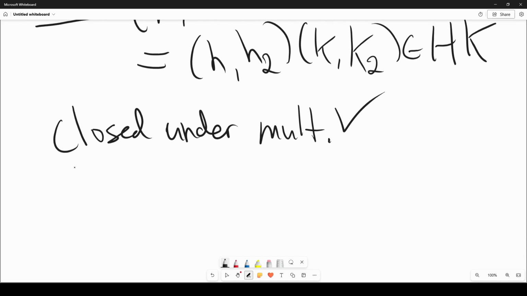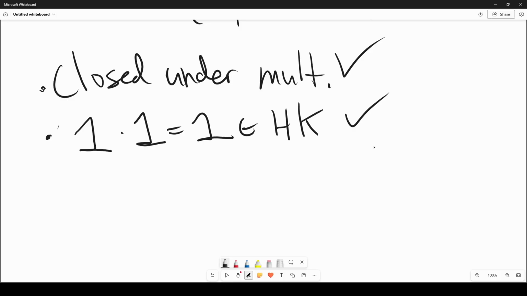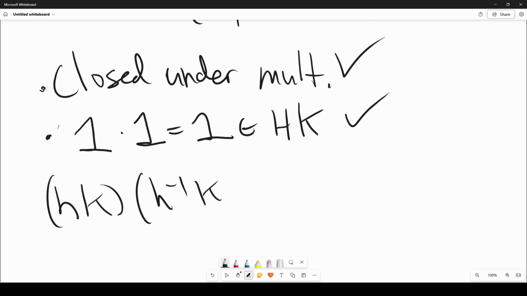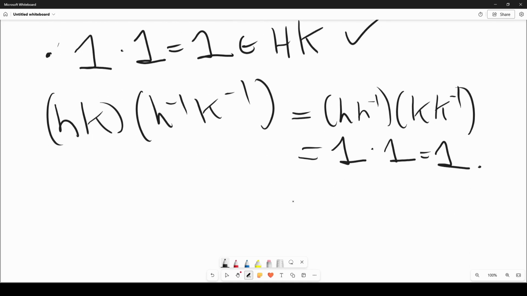Now we need to check that it's non-empty, or that 1 is in the subgroup, but clearly 1 is in H, 1 is in K, so the identity is in HK. Okay. Now I need to show you have inverses. Well, if I have hk, then I can multiply by h inverse k inverse, and since they commute, this is just equal to h inverse times h times k inverse times k, which is of course just equal to 1 times 1, which is just the identity. So I have inverses as well. So I have all the properties needed to make this a subgroup.